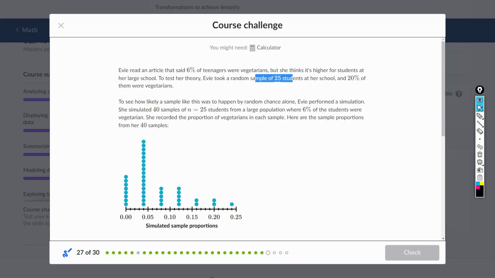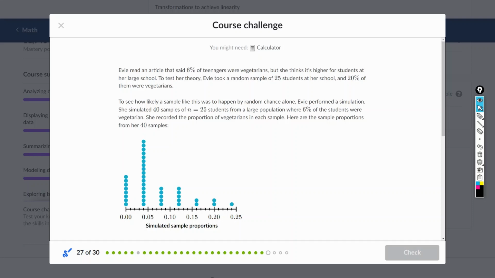She took a random sample of 25 and 20% of them were vegetarian. To see how likely a sample like this was to happen by random chance alone, she performed a simulation. She simulated 40 samples of n 等于25 students from a large population. 那么底下它就是它 simulation 的结果。She recorded the proportion of vegetarians in each sample.